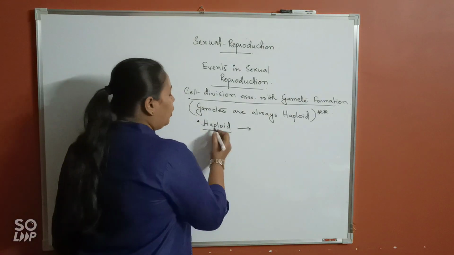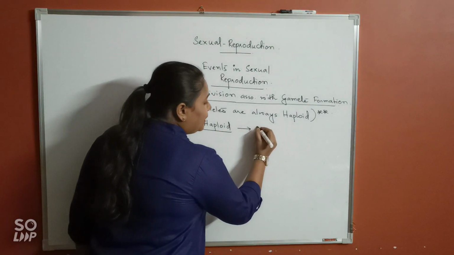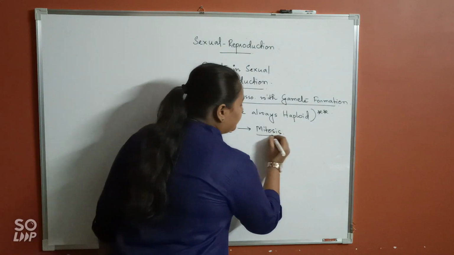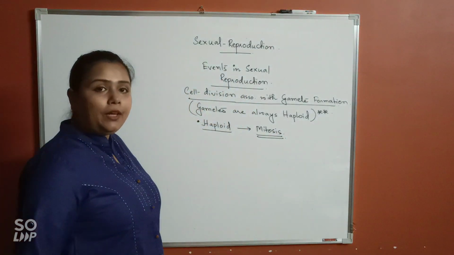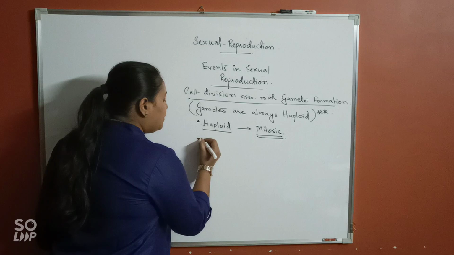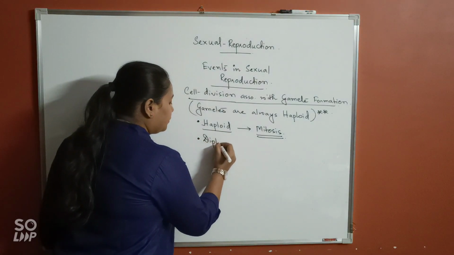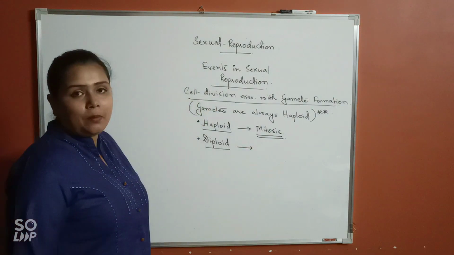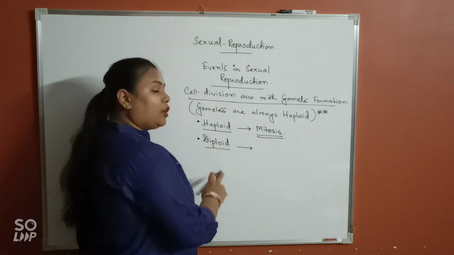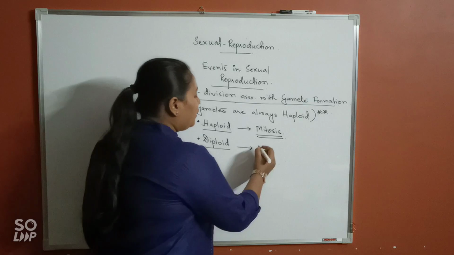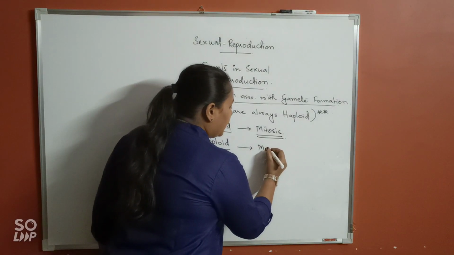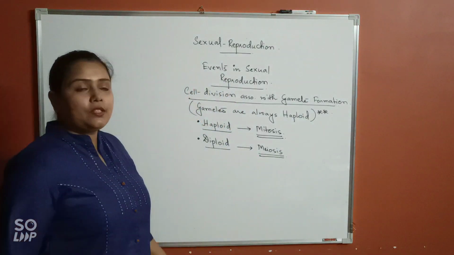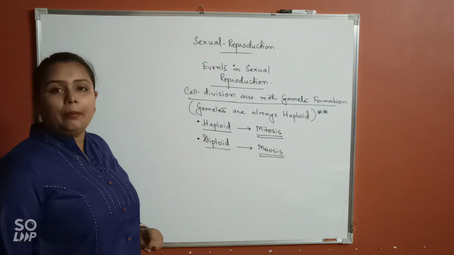So in haploid organisms, the gametes are produced by mitosis. Whereas if the organism is diploid, the production of gametes will occur by the reduction division, that is meiosis. This is a very, very important point to remember.